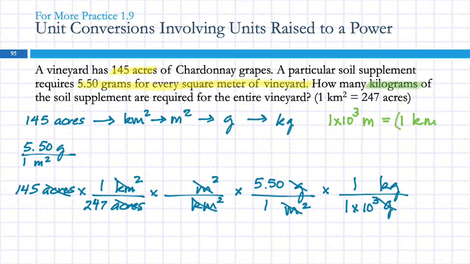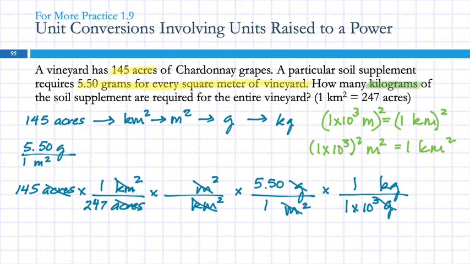The units are squared, so I square the whole thing, including the number. And the very common mistake is that students forget to square this number. So 1 times 10 to the 3rd squared, meters squared is equal to 1 kilometers squared, because 1 squared is 1.